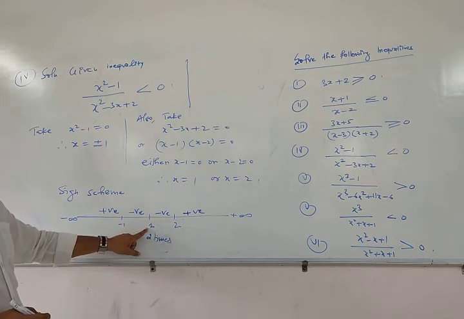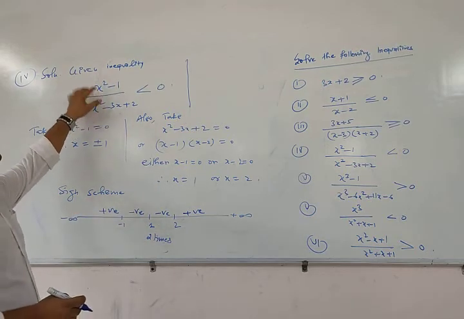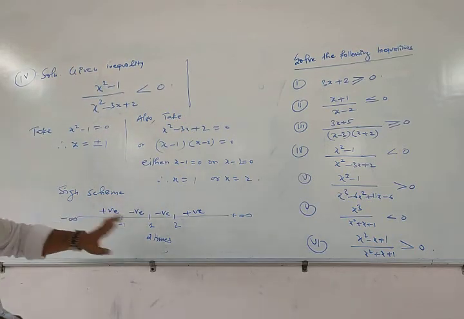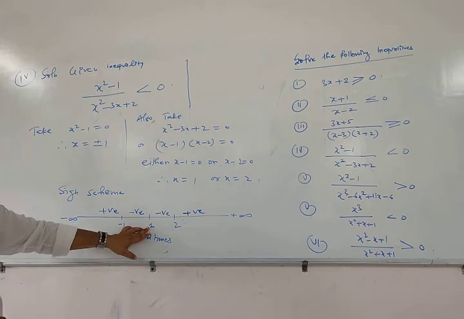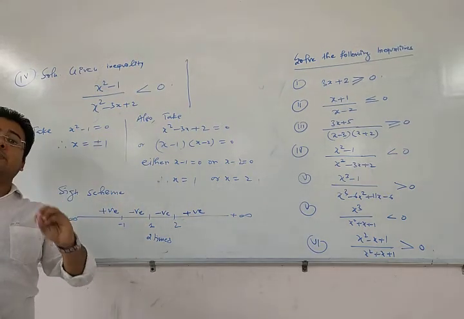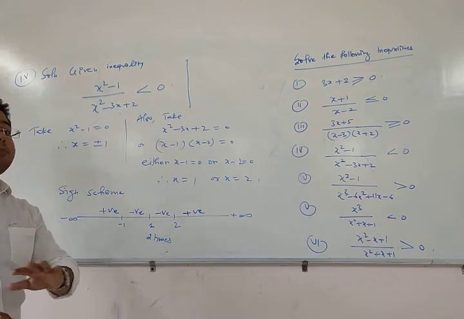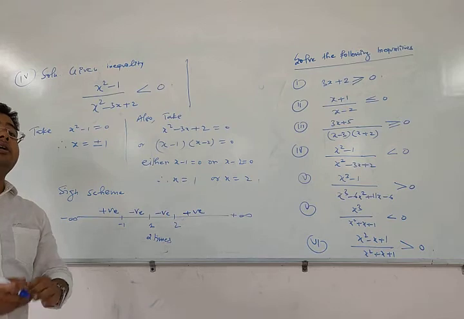At x is equal to 1, you can see here at 1 the denominator is 0 as well as numerator is 0, but we can't take 1 because here is only less than sign. If equality sign is present, then we take roots. If equality sign is not present, then we can't take roots.